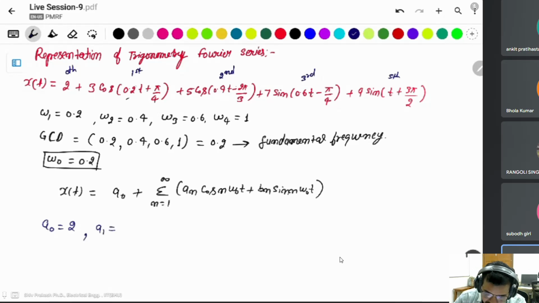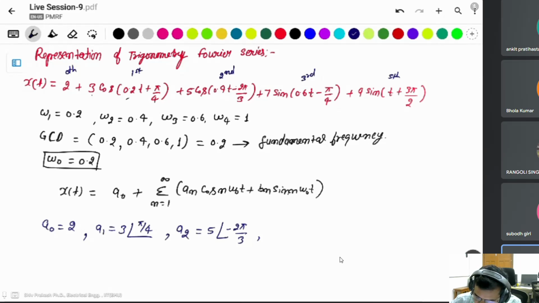A1 is represented as magnitude 3 and angle pi by 4. For the second harmonic A2, because of the cos, magnitude is 5 and angle is minus 2 pi by 3. The sine in the signal means this is the Bn representation.